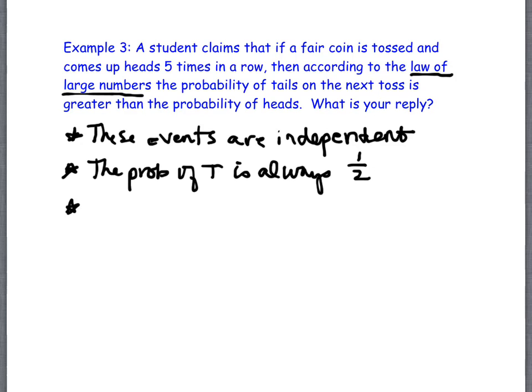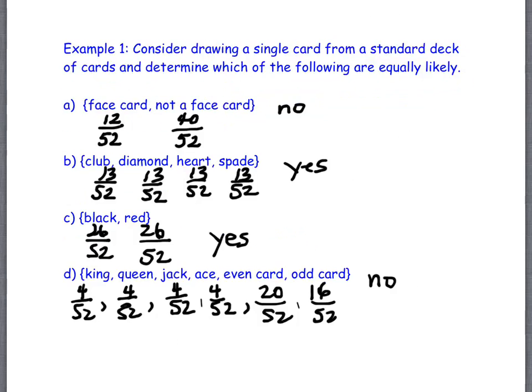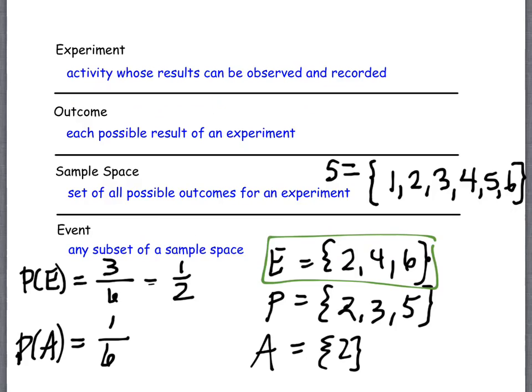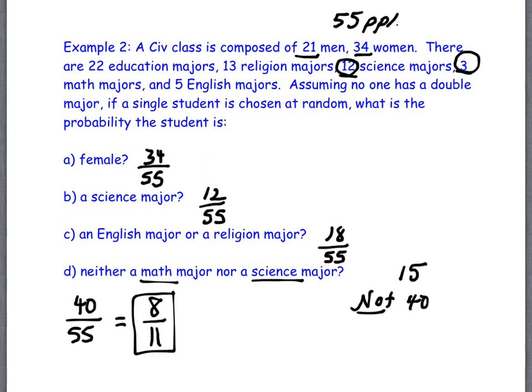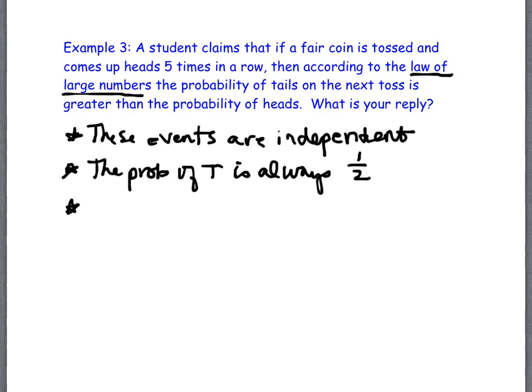We talked about this last time. Let me see where it was. Oh, there it was. The law of large numbers, Bernoulli's theorem, says that if an experiment is repeated a large number of times, the probability approaches a fixed number. But even without knowing that, that phrase in this problem should bother you with the student's argument.